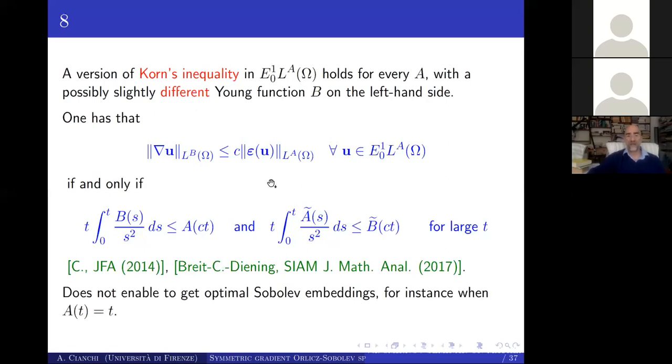Still, the use of this inequality doesn't allow for an optimal Sobolev embedding, because here you see that there is a loss going from A to B, which is inevitable for the Korn inequality, but apparently is not reflected in the Sobolev embedding.